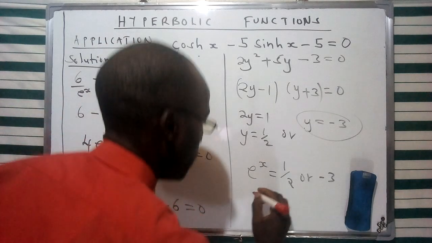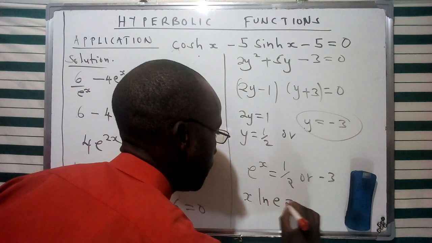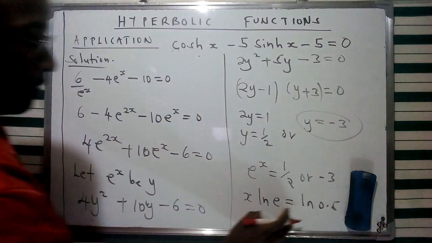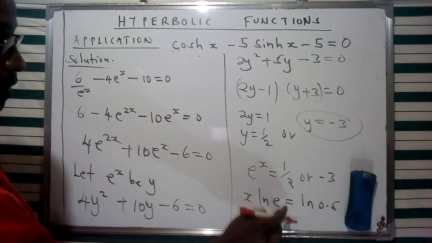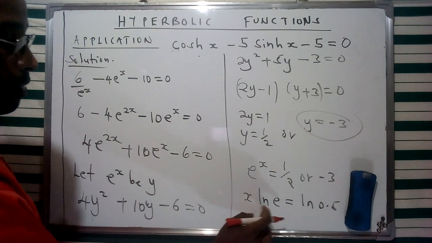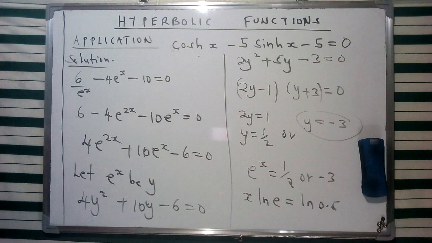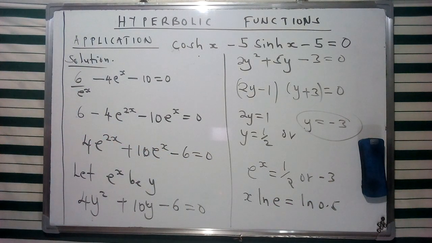Now from the laws of a logarithm, we can represent this one using the natural log of e^x is equal to the natural log of 0.5 for the first case. So I've just taken this exponent and involved the concept of logarithms. This is going to be a coefficient x, natural log of e is equivalent to natural log of 0.5, given as such.